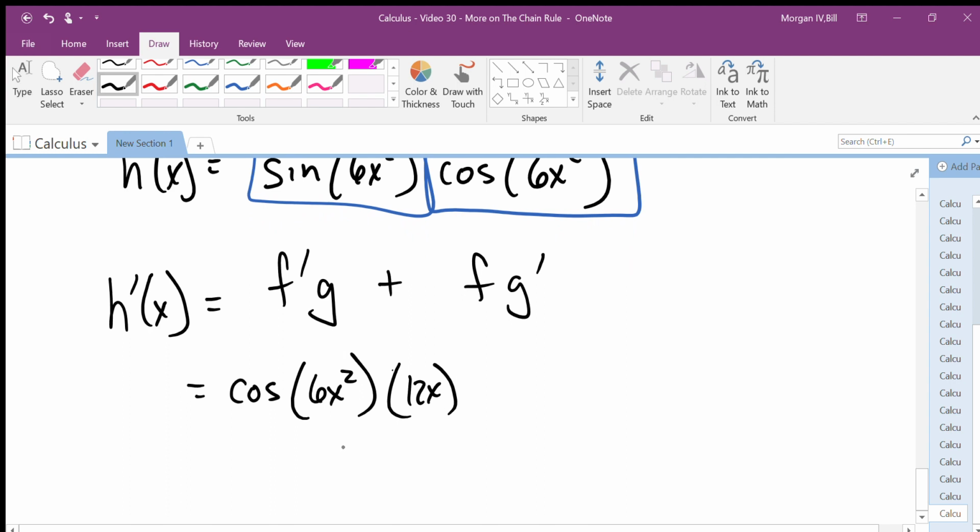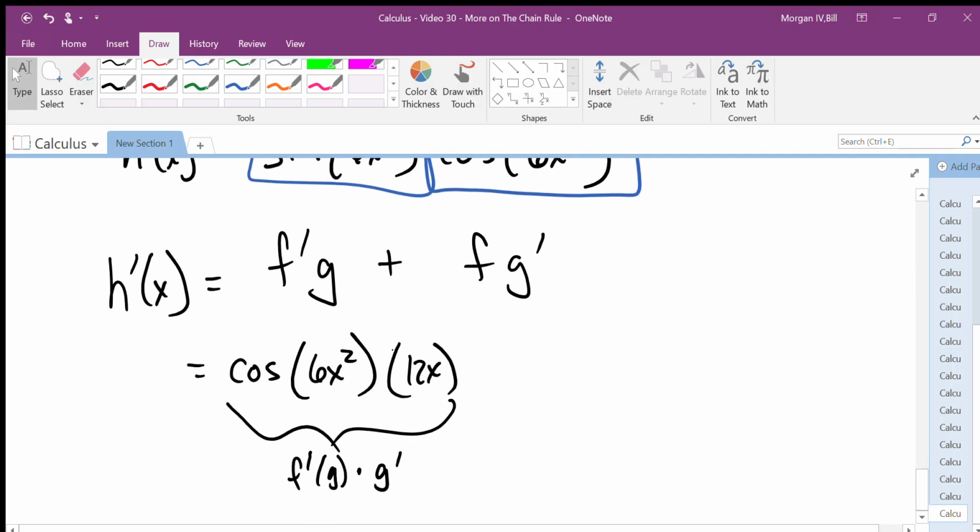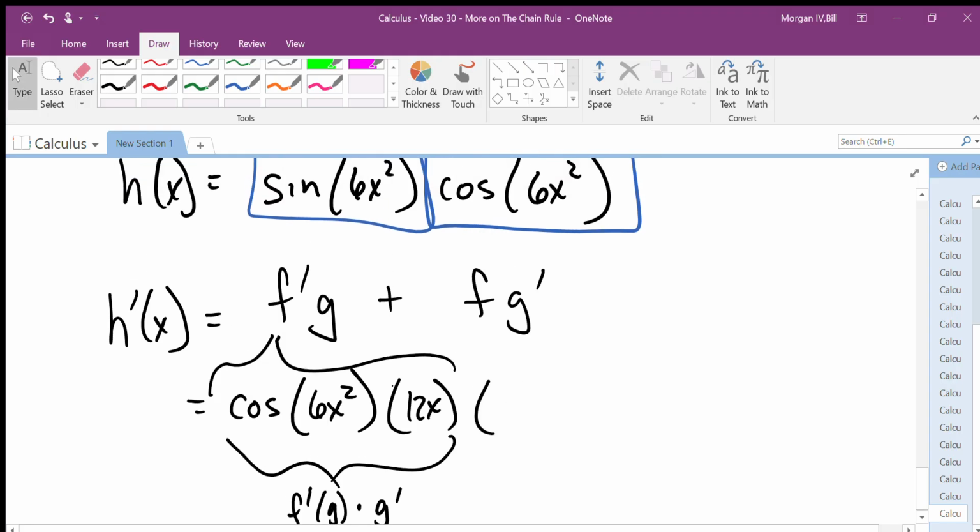That's the chain rule right there. That is, for a composition of functions, f prime of g times g prime. That is our chain rule. I know it's a kind of double notation here, but all of that is just f prime. I still need to multiply it by the g function, which is cosine 6x squared.